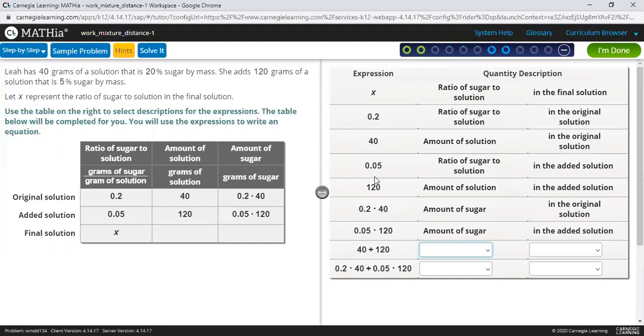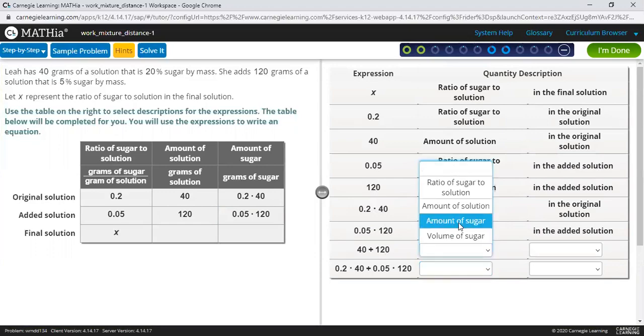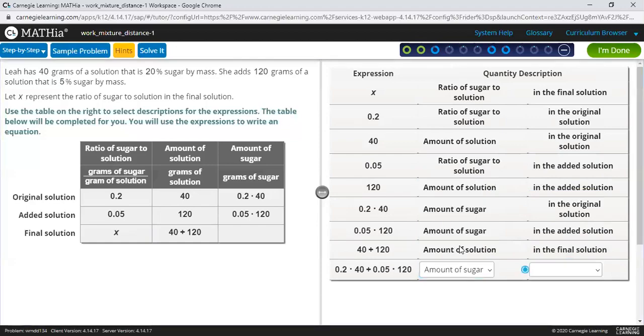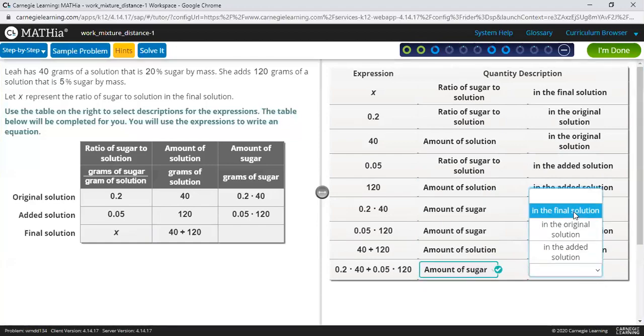Now if I add the 40 and 120, that's the amount of solution I have in both of those solutions, so I now have my total amount of solution. And if I add the amount of sugar from each, I now have my total amount of sugar in the final solution.